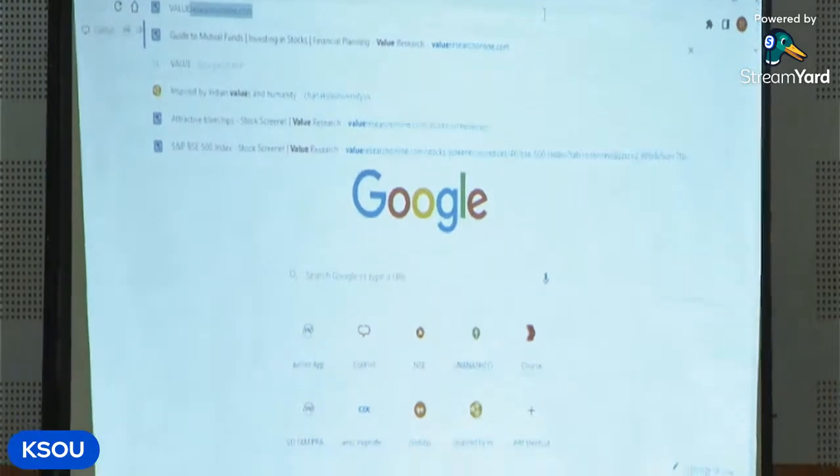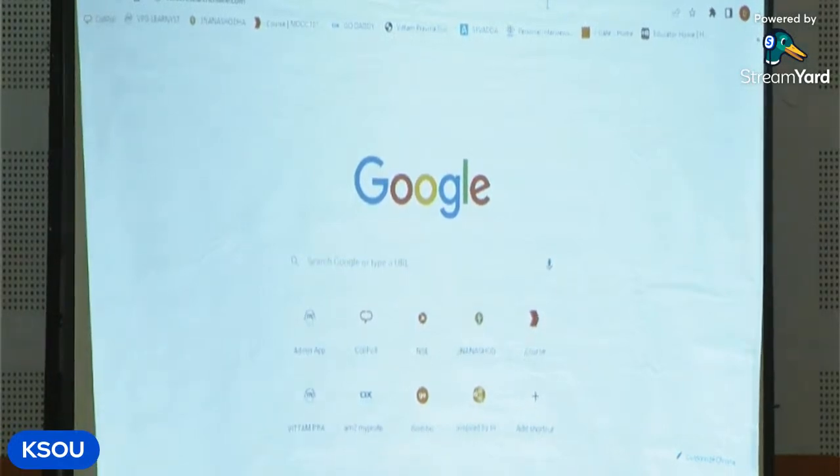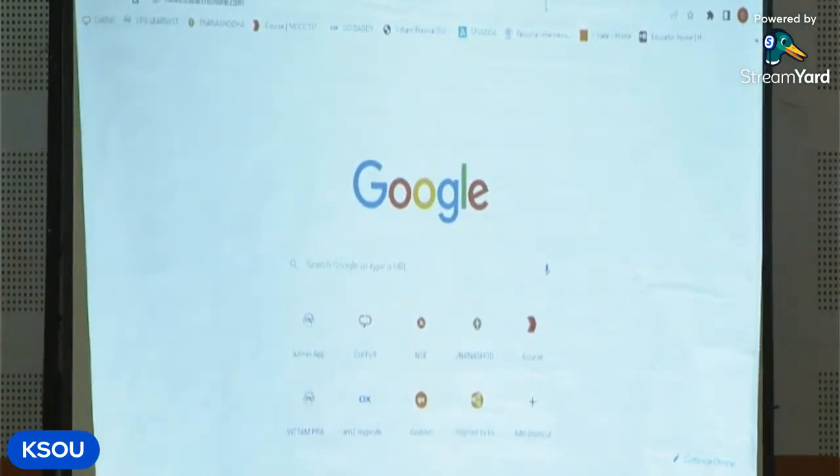I'm going to a website. This is one such website. There are many websites like this available, but what I'm showing is a website called valueresearchonline.com.